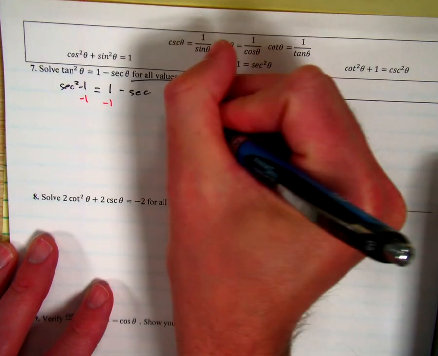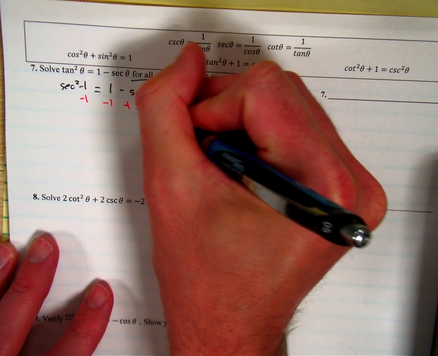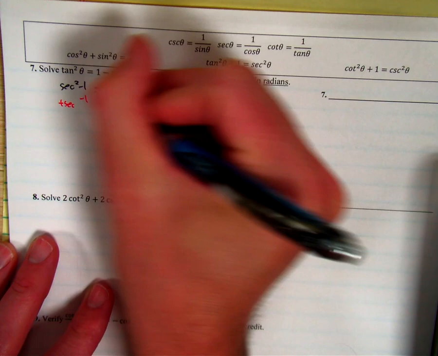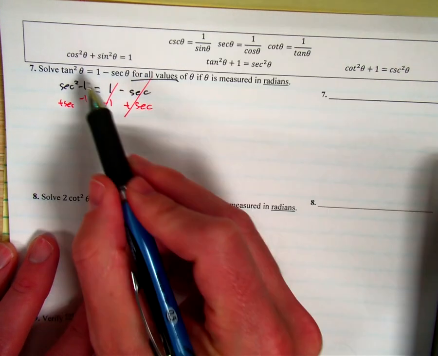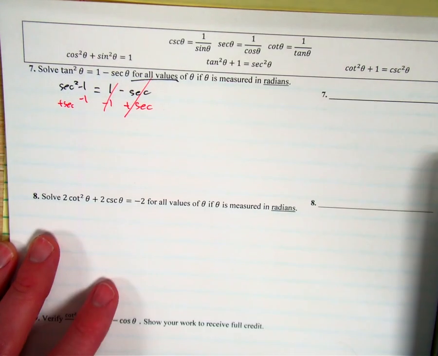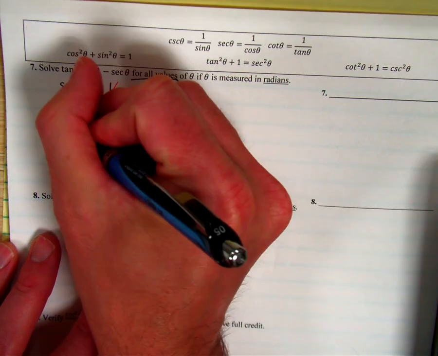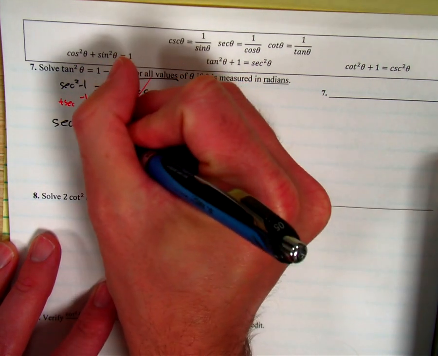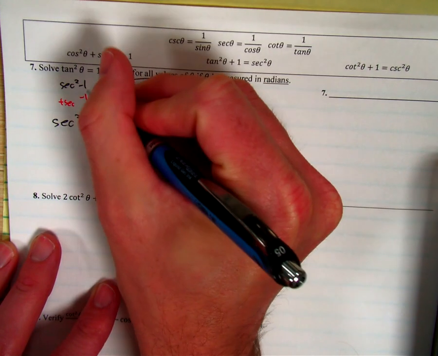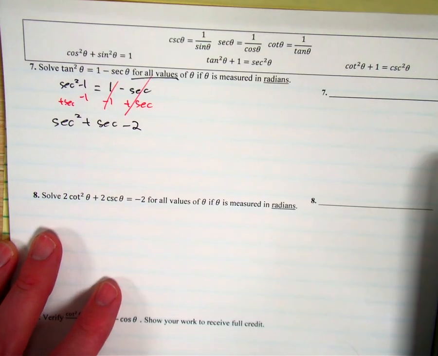We subtract that 1 over, and add secant. Now it's important to keep track of secant squared versus regular secant, so you don't put those two together. So we actually have secant squared plus secant minus 1 is minus 2.